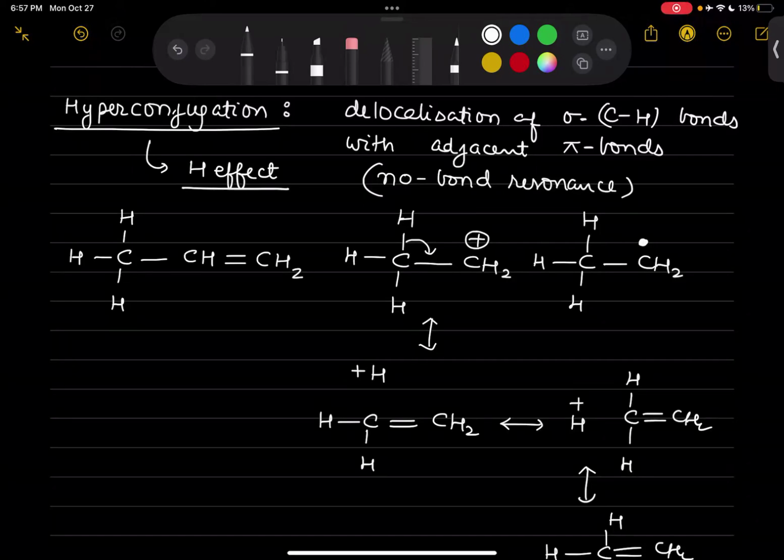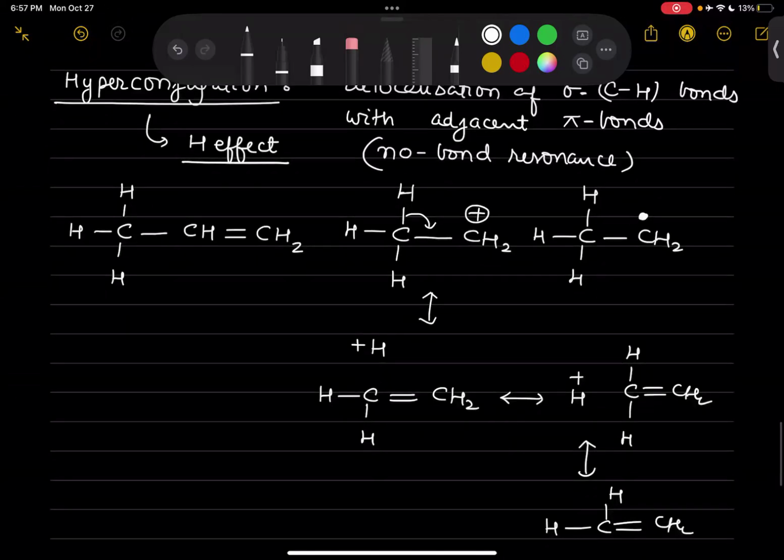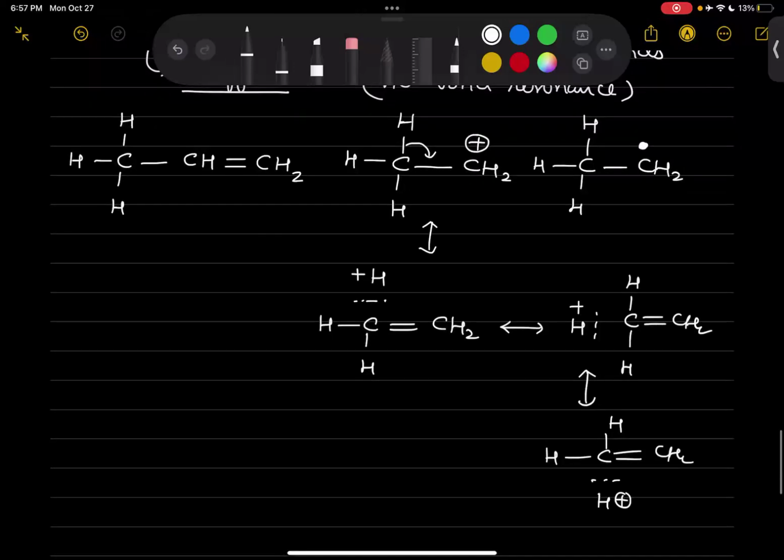Clear? Why is it called no bond resonance? Because in some of the structures the bonds are missing, but the actual structure will have the bonds, because it will be the average of all these structures.